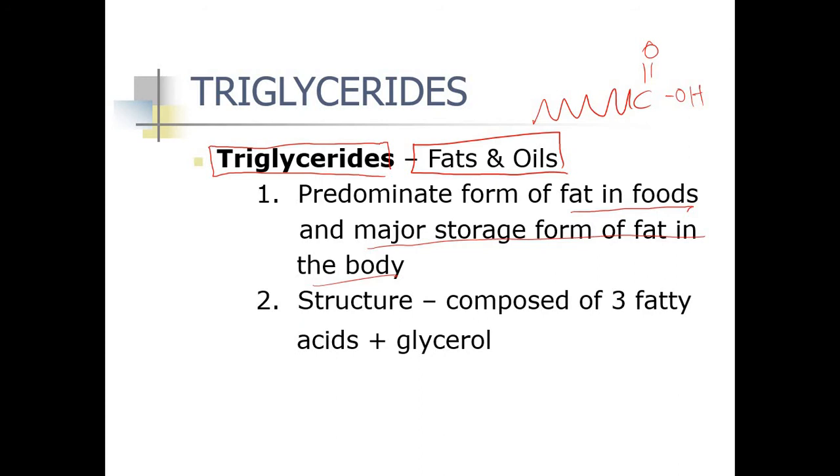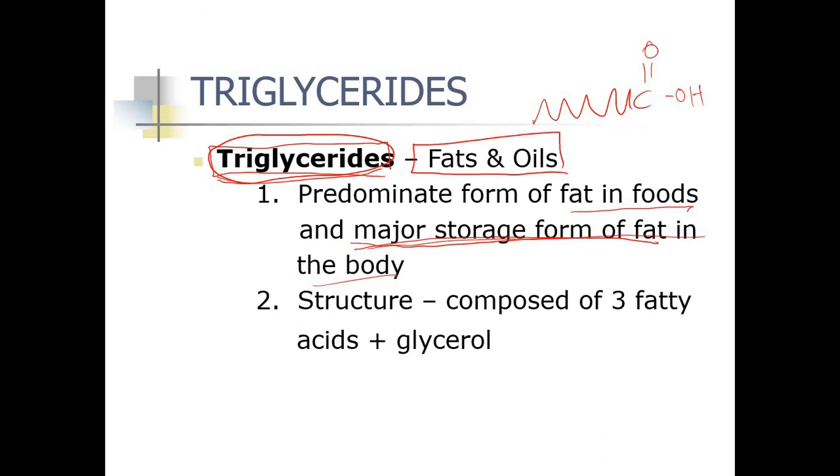Then those glucose will be converted into triglycerides. So they will be stored in the fat cells. Okay? That is why the fat cells are also a major storage in the form of triglycerides. Lipids are also a major storage form of fat in the body. That is in the form of triglycerides. Okay? So they can also be used as energy.